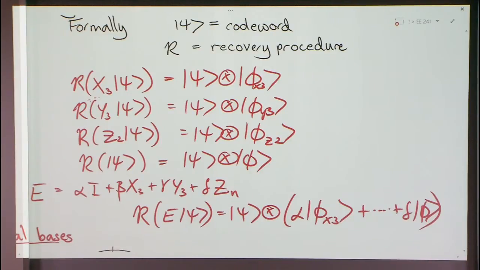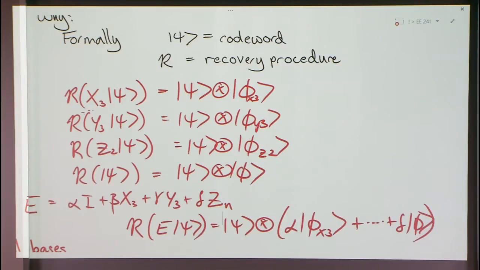It's the encoded code word, E isn't an encoding circuit. It's already encoded, but don't you want to get the original message back? Oh, well, if you wanted to do that, you could follow this with a decoding procedure to get back to the unencoded state. So I could add two other superoperators, one that encodes the state into this code word, and then one that decodes it at the end.